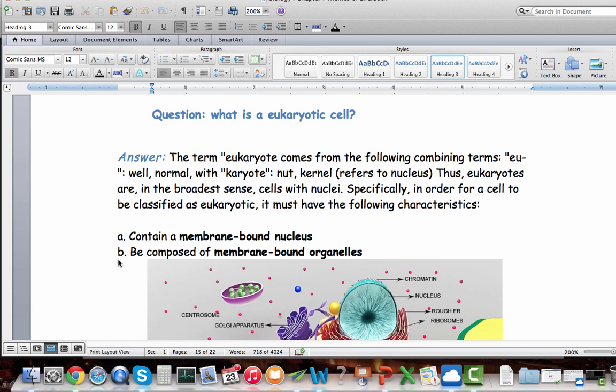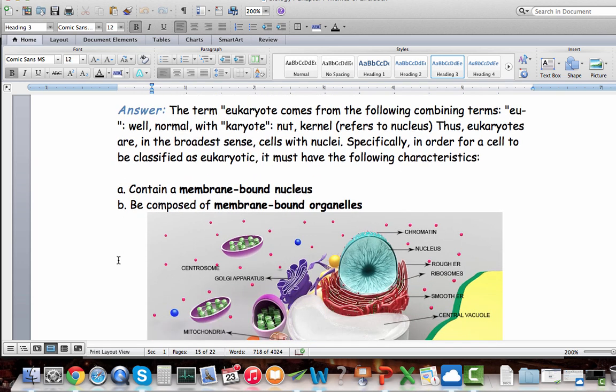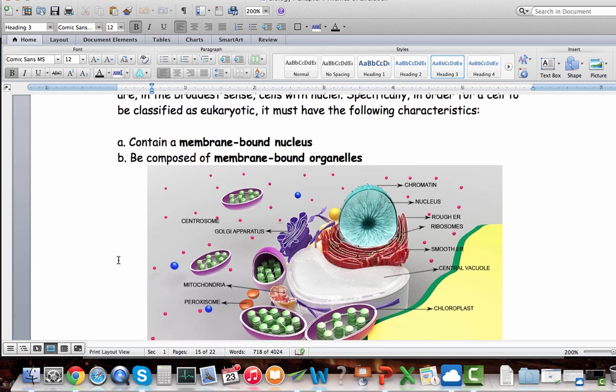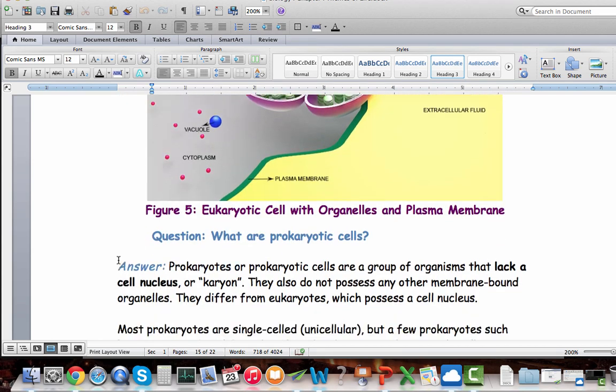By combining these two words, eu and karyote, we get eukaryote. Thus, eukaryotes are cells with nuclei. Specifically, in order for a cell to be classified as eukaryotic, it must have the following characteristics. It must contain a membrane-bound nucleus and must be composed of membrane-bound organelles.